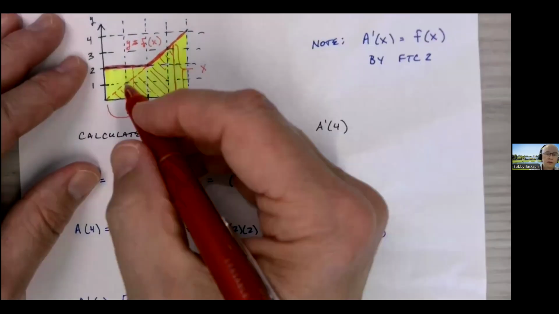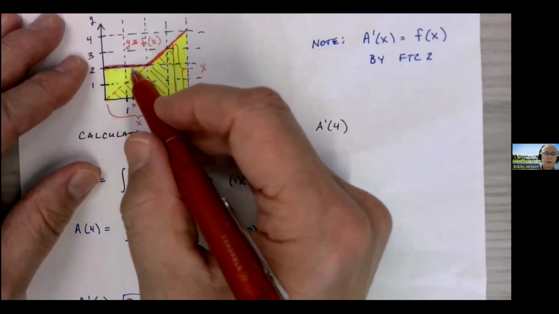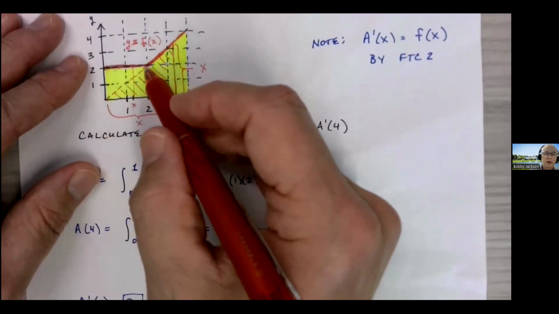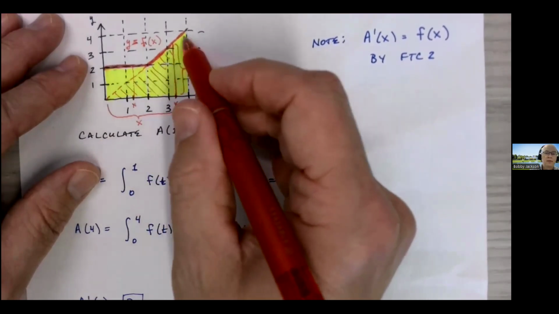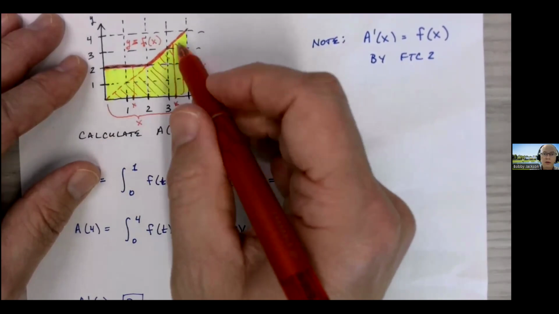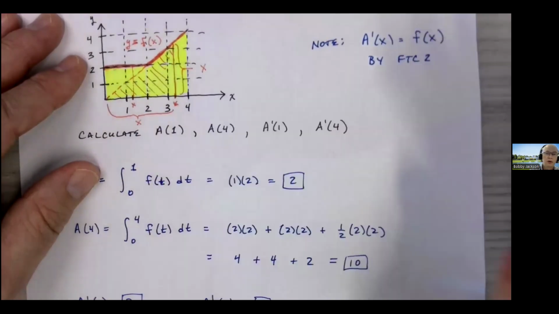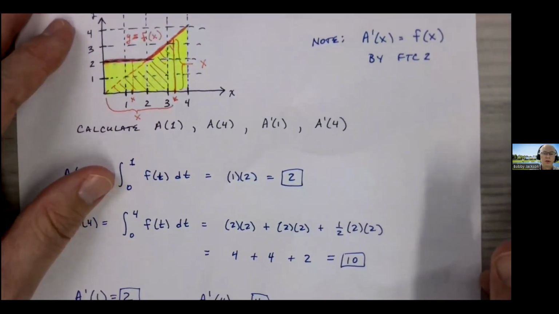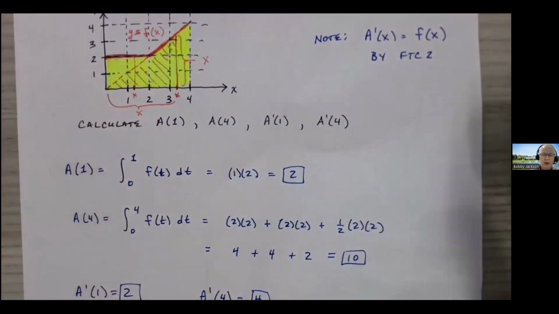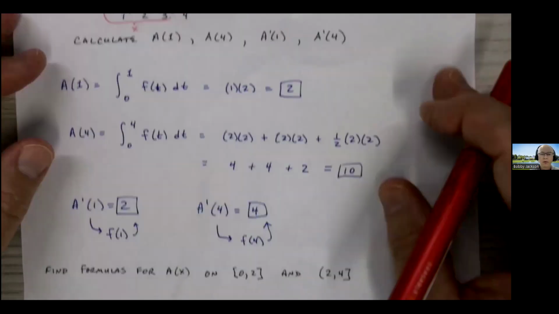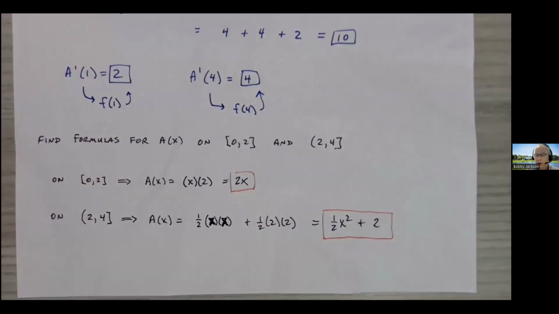You could also think of the function f of x as being piecewise defined, a constant function up to 2, and then a linear function, f of t equal t, between 2 and 4, and you could integrate that function, find the antiderivative, and do it that way as well. So there are a couple ways this can be done, but hopefully that makes sense for this one. Okay, sorry that I missed these two questions the first time.